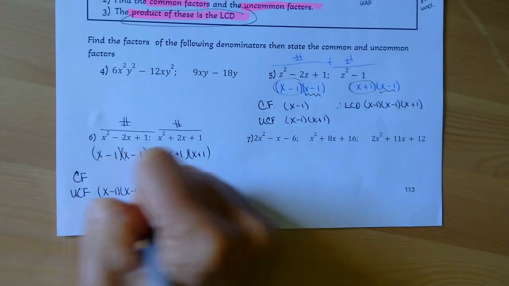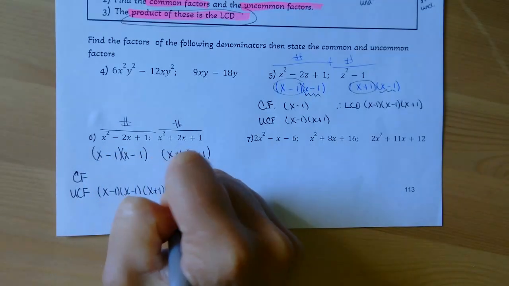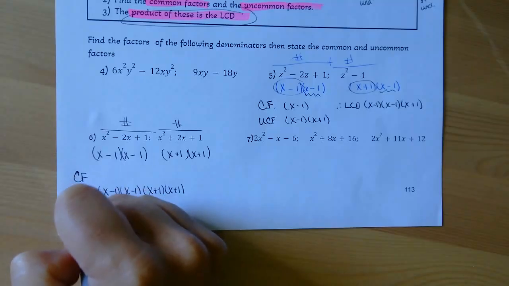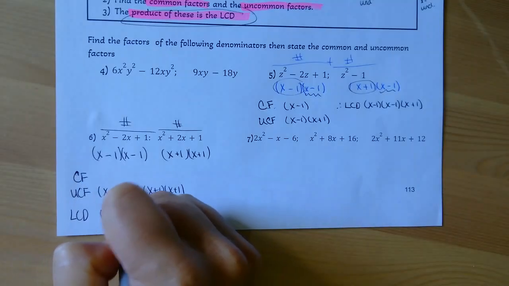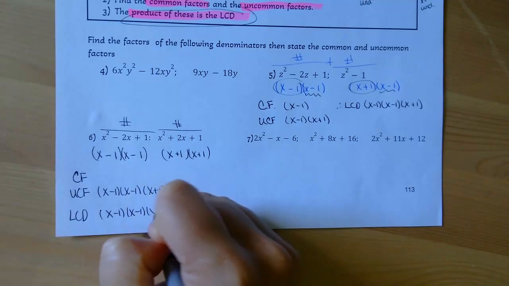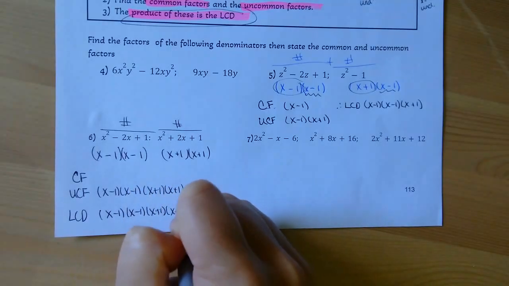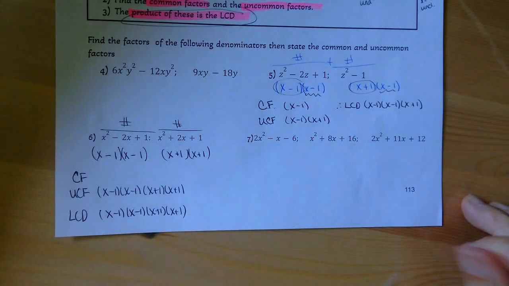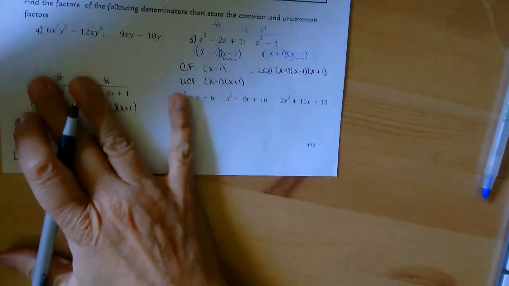X minus 1, x minus 1, x plus 1, and x plus 1. Therefore, the least common denominator is all of that. That may not be the best example. They didn't have one thing in common. All right, let's see if the last one fares out better here.